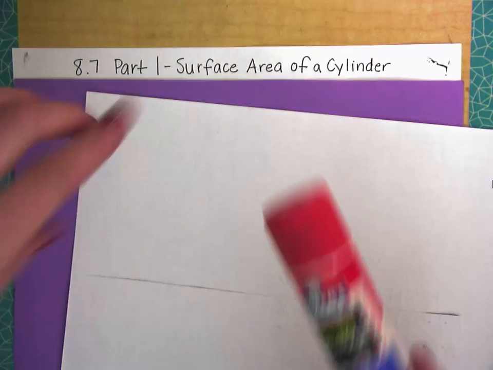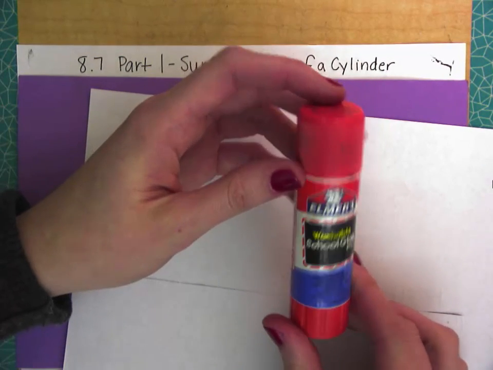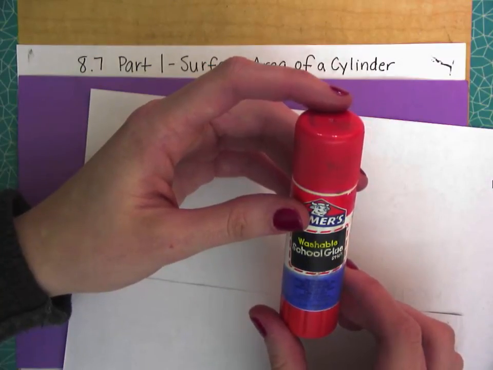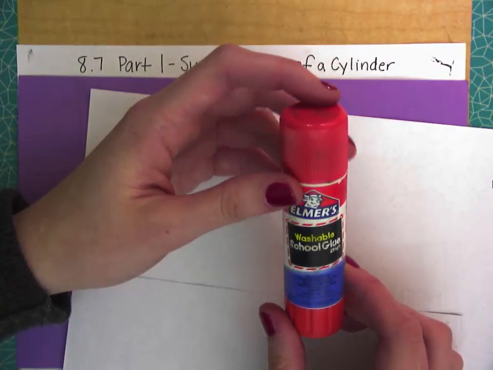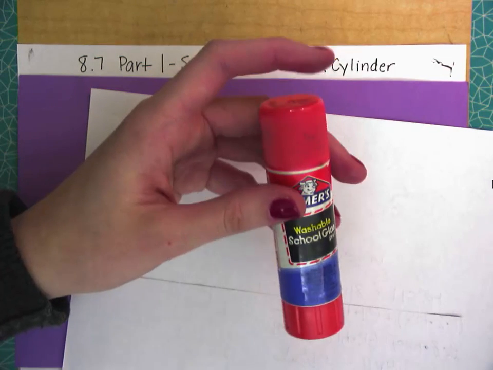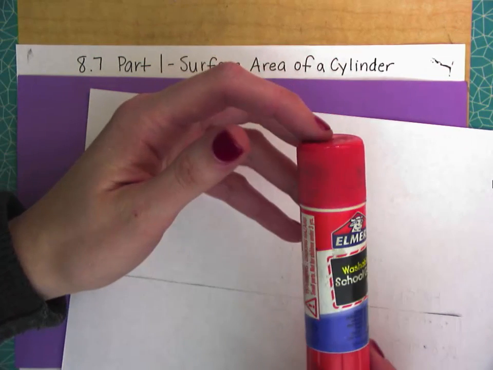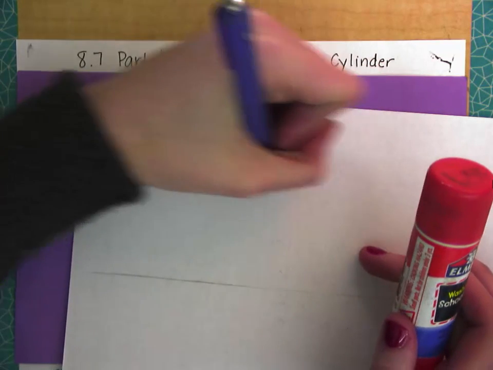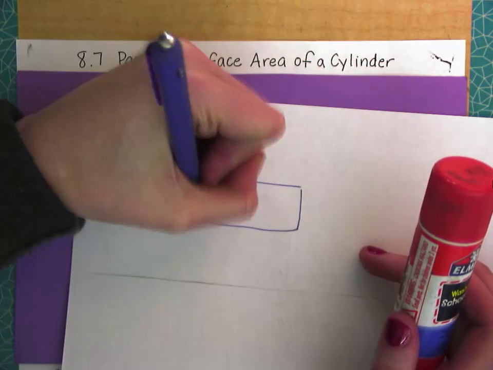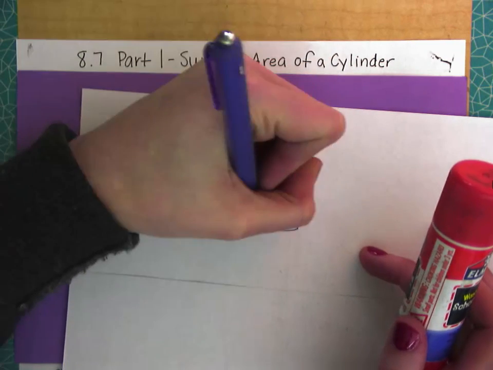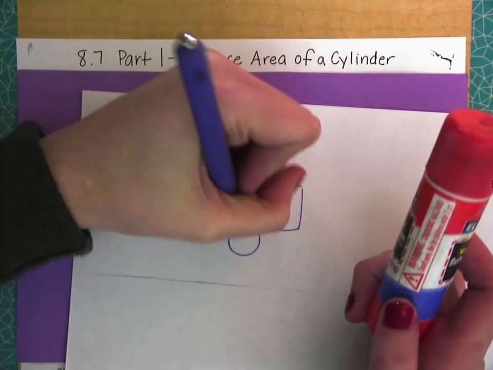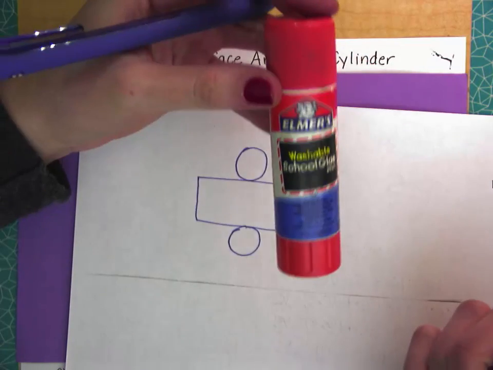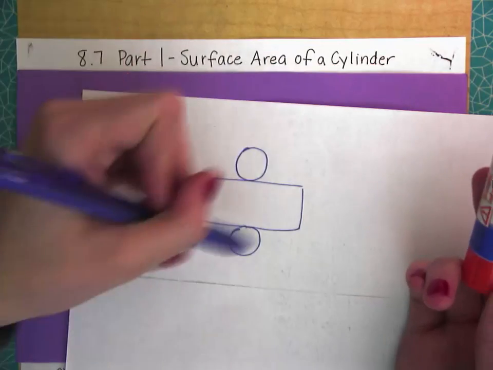Now, one way you can think about surface area, have you guys ever heard of nets? Like a fishing net, but with 3D shapes? Well, it's basically like if we were to unfold this shape, take it apart and lay it flat, this is what it would look like.